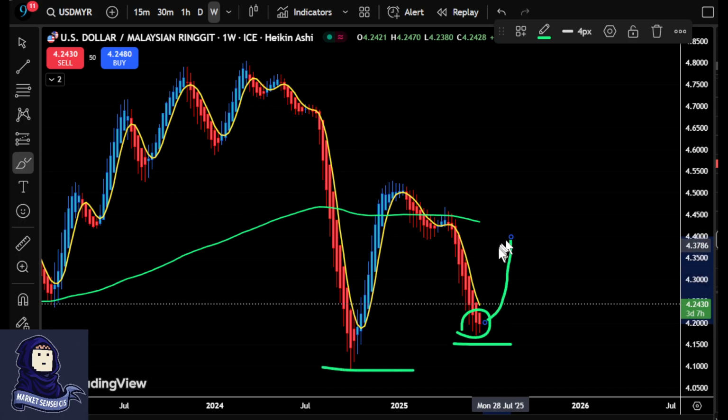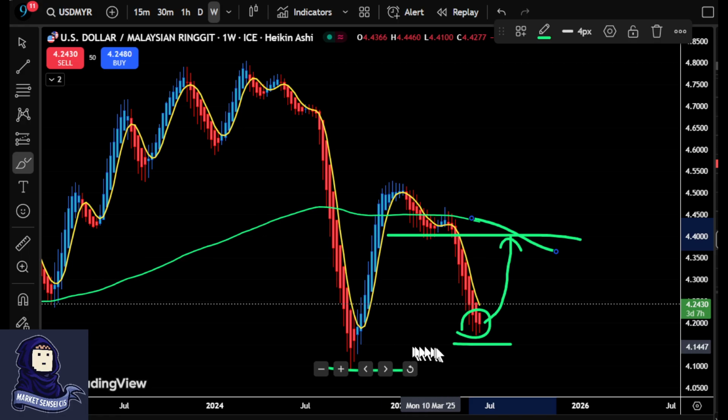It might retest this area, which coincides with this moving average going downwards. So it will retest this area. So dollar, I expect to move up versus the Malaysian ringgit. It will go all the way up to around 440. So it's about a 16 cents move. It's quite a lot.